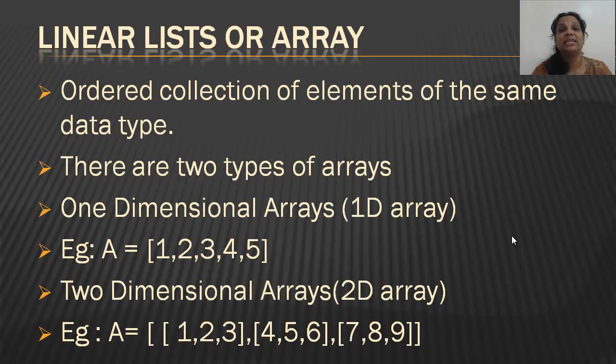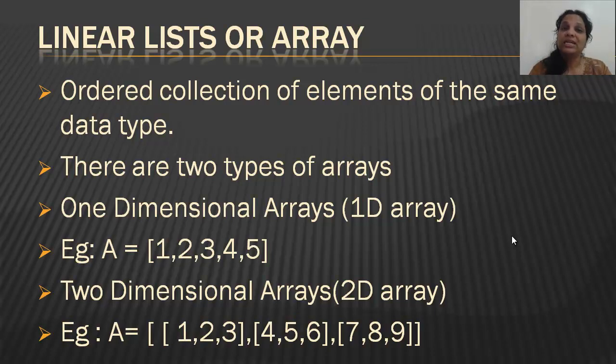So now what's a linear list? It's an ordered collection of elements. Now the list data type of Python is also an ordered collection of elements. But if you remember the definition of list, I said it's an ordered collection of heterogeneous or homogeneous elements.